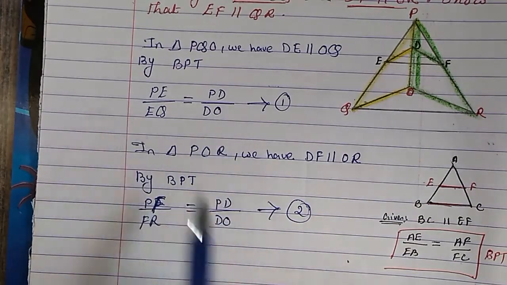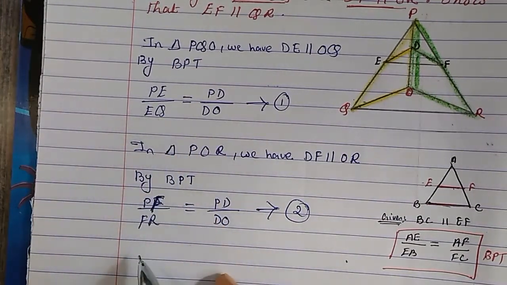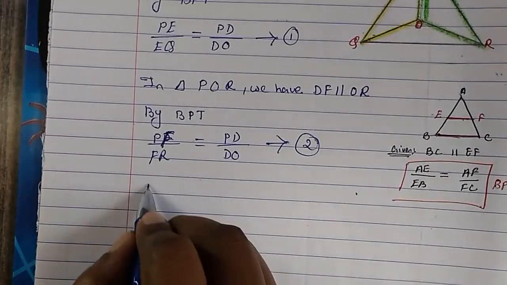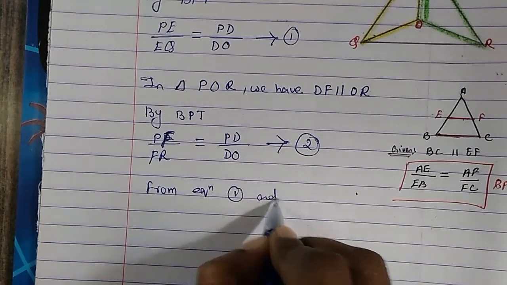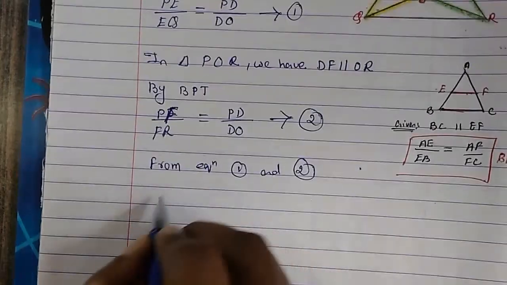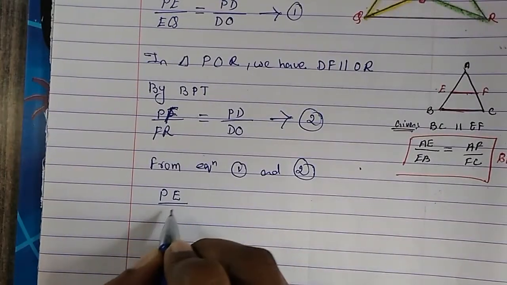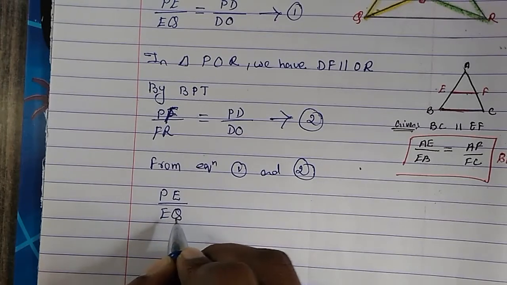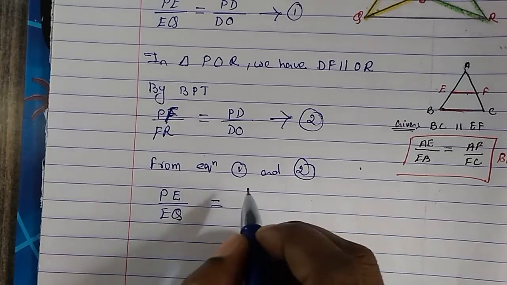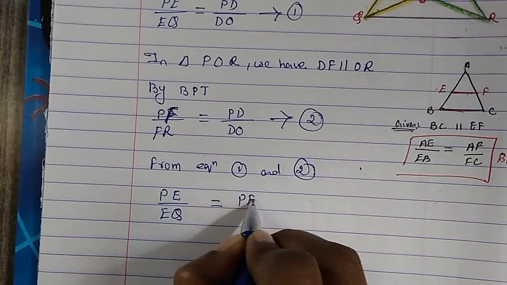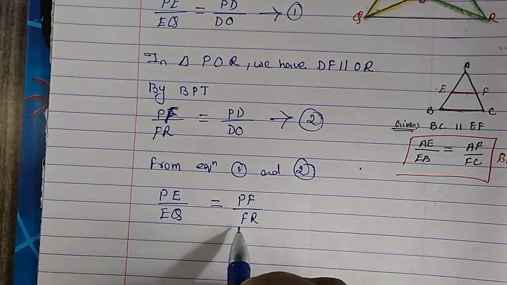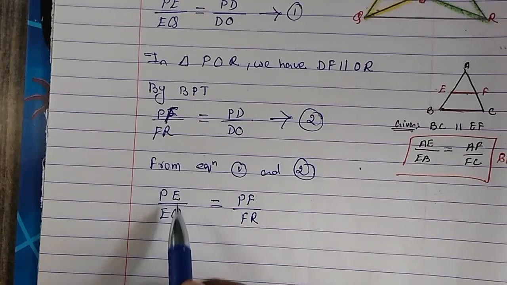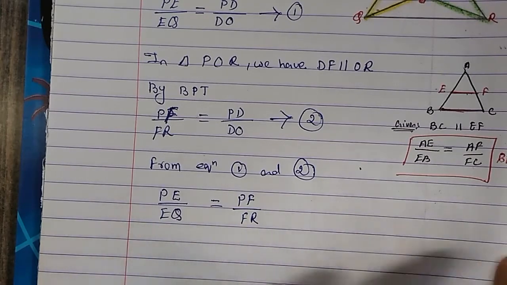So if this is equal to this, then these two will be equal to each other. So from equations 1 and 2, we can write that PE upon EQ will be equal to PF upon FR.